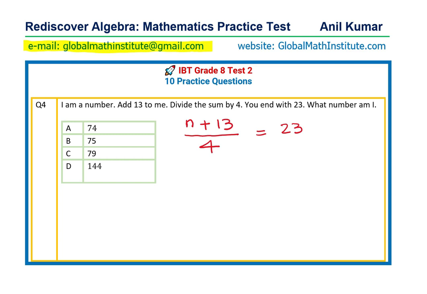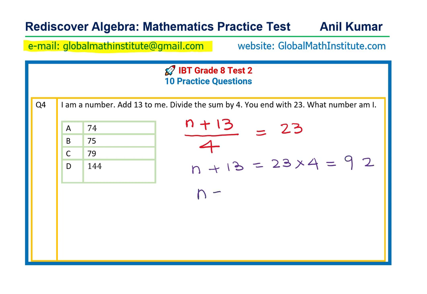Okay, great. Now let's cross multiply and solve. Now this is kind of a proportion statement. So we will cross multiply by 4 on both these sides, you see. And so you get 23 times 4. So it's a linear equation in one variable n. 4 times 3 is 12, 4 times 2 is 8, and 1 is 9.